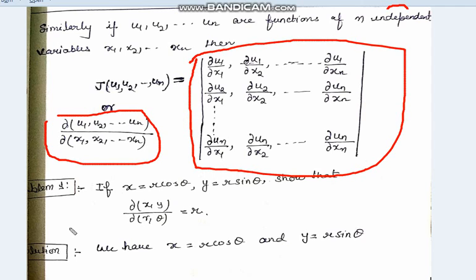So suppose we are given x equal to r cos theta, y equal to r sin theta, and we have to find the Jacobian of x, y with respect to r, theta. So here x is r cos theta, a function of r and theta, and y is also a function of r and theta.